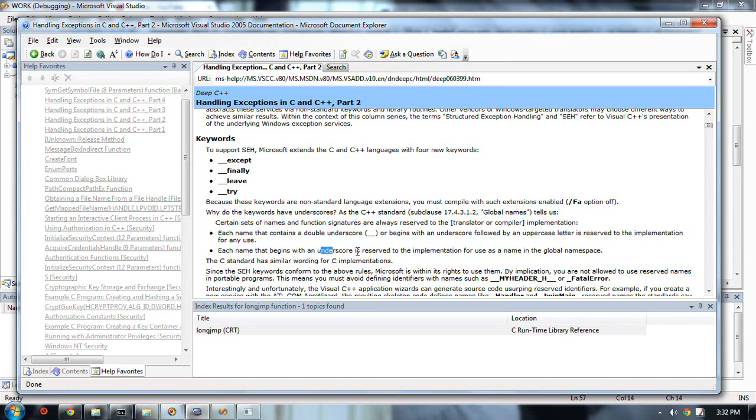Each name that begins with an underscore is reserved. Double underscore or underscore followed by uppercase letter is reserved to the implementation, which is the compiler implementation.